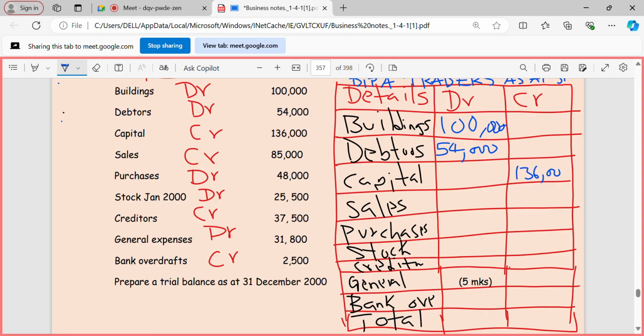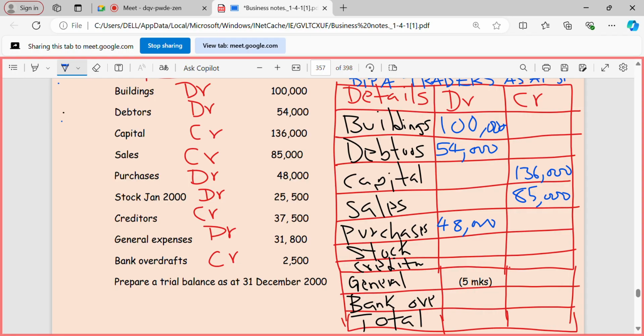Please finish writing general expenses. We have the bank overdrafts. Also this one, please finish it. Then we have the total, and you show the total there.